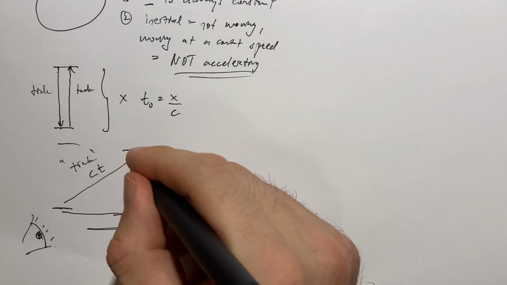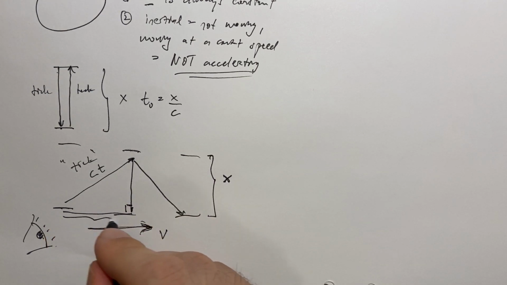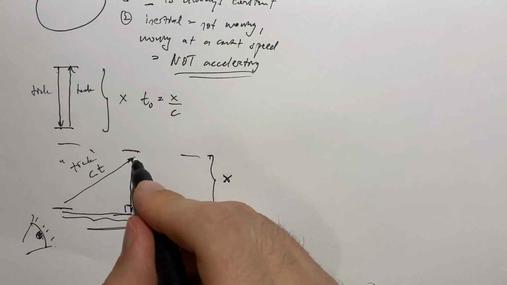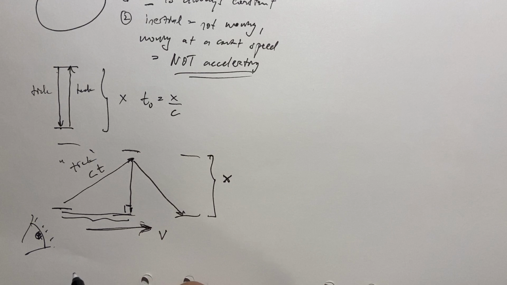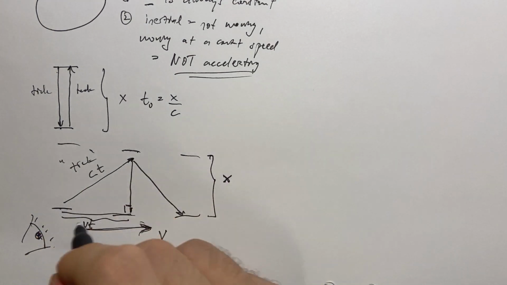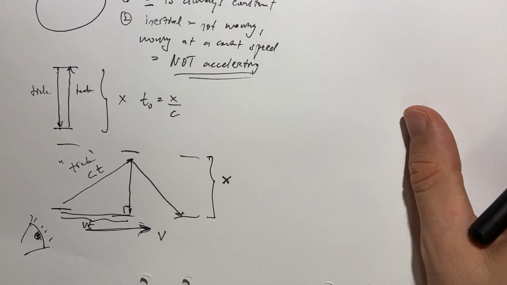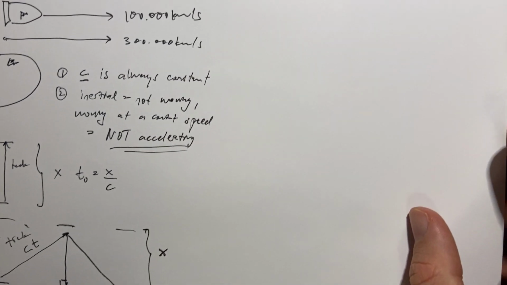And if we think about it, we will actually have a right triangle here. This side will be x, the hypotenuse will be ct, and this side will be the velocity of the car times t. And by the Pythagoras theorem, we can get the relationship between all of these sides, of course. So let's go ahead and get this relationship.